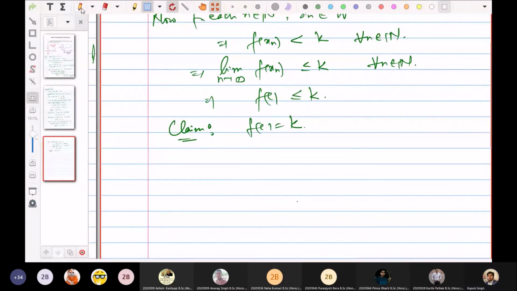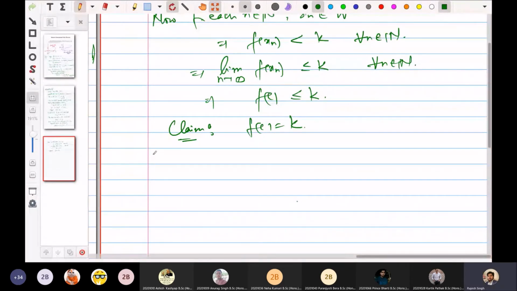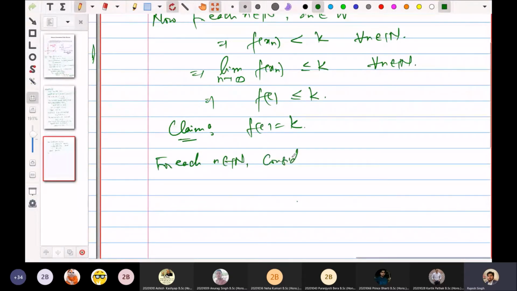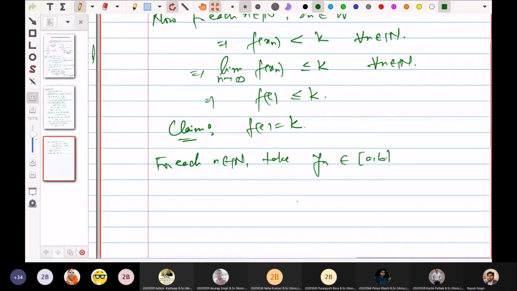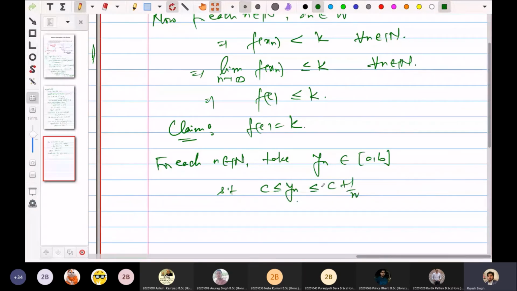So again, for each n belonging to N, take yn belonging to AB such that c is less than or equal to yn less than or equal to c plus 1 by n. We can choose one such yn, right?